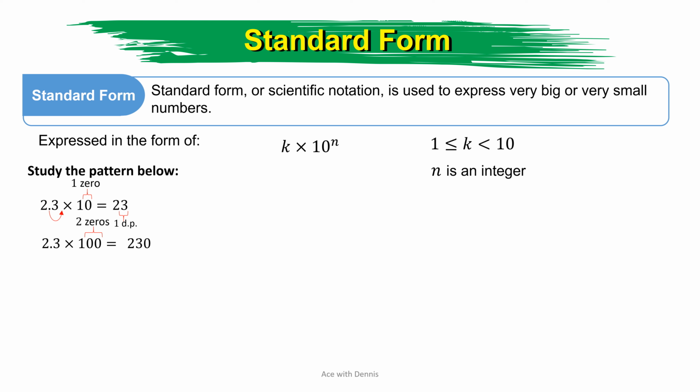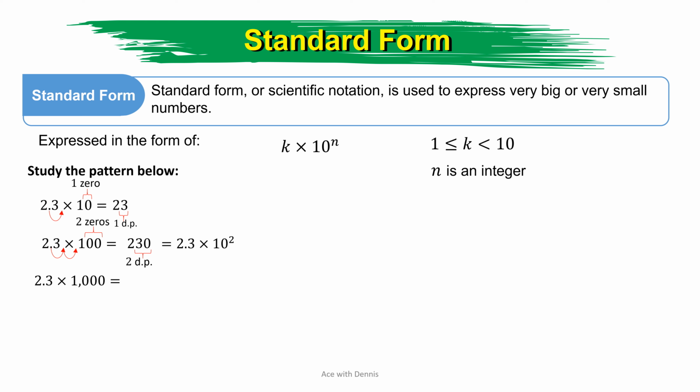Because in 100 there are 2 zeros, we move the decimal point for 2 decimal places, so that we'll get 230. We can also write the answer as 2.3 times 10 squared.